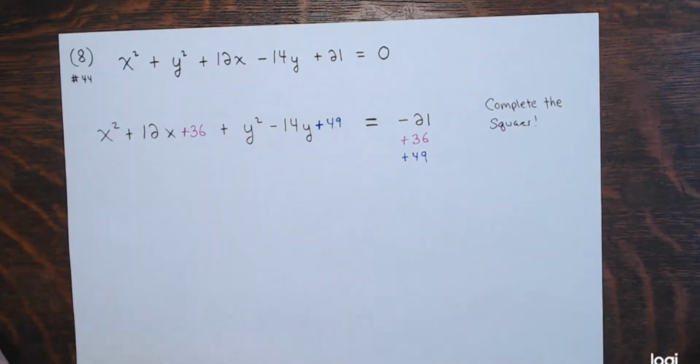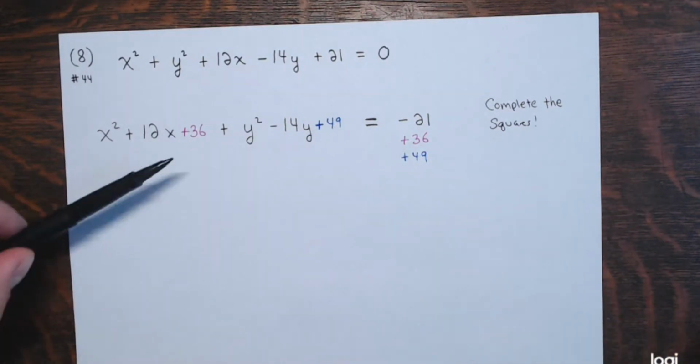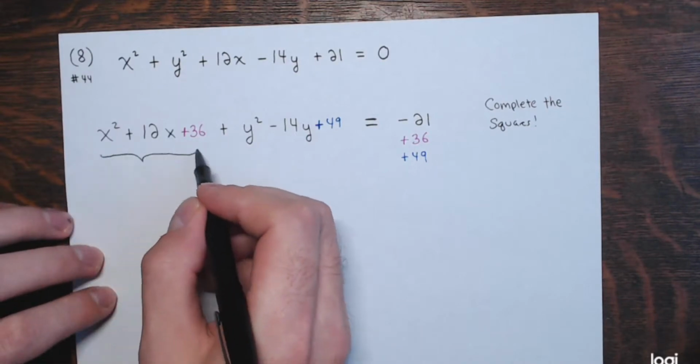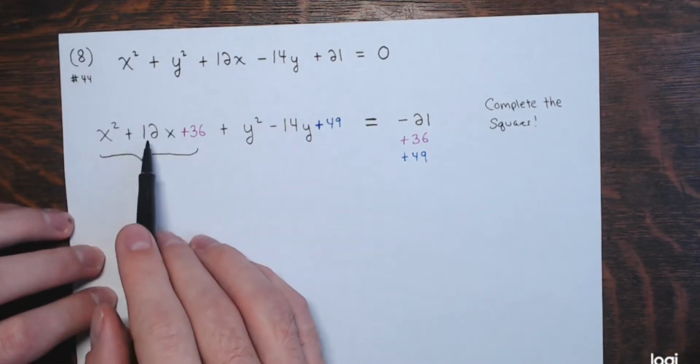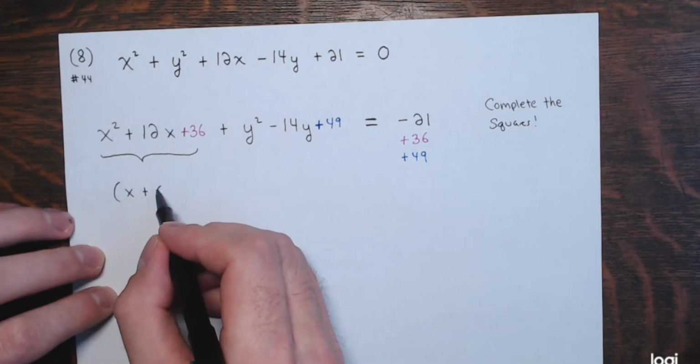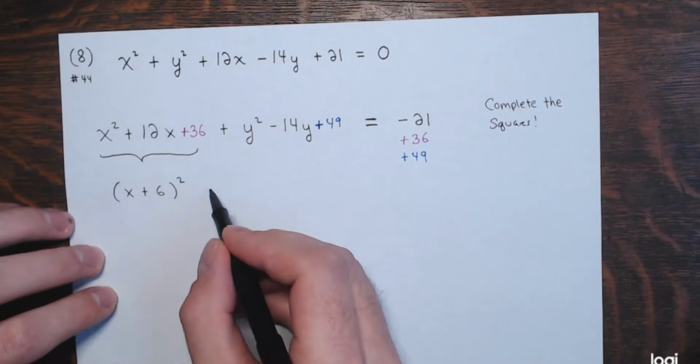Alright. Now the adding of this 36 and 49 give me perfect square trinomials over here, right? X squared plus 12x plus 36 is the quantity x plus 6 squared.